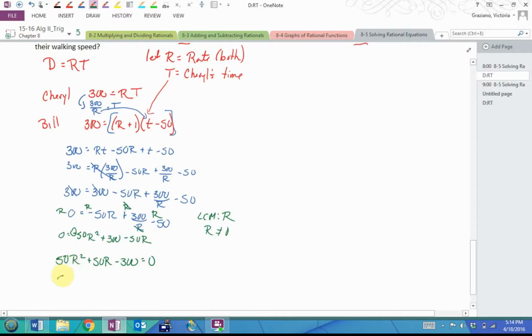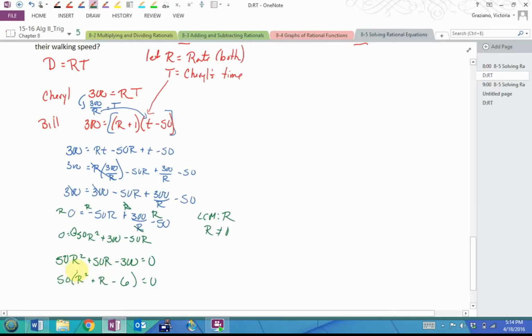So it looks like I have a GCF of 50, so I'm going to pull that out. So 300 divided by 50. Oops, I didn't actually pull the r out there.